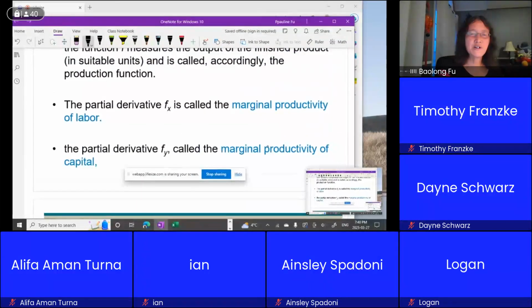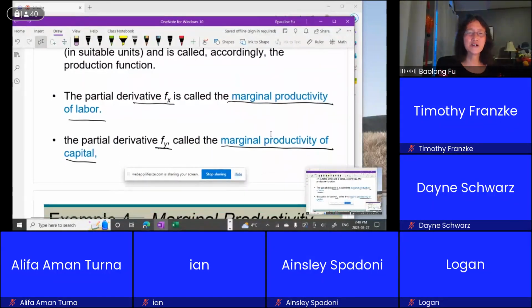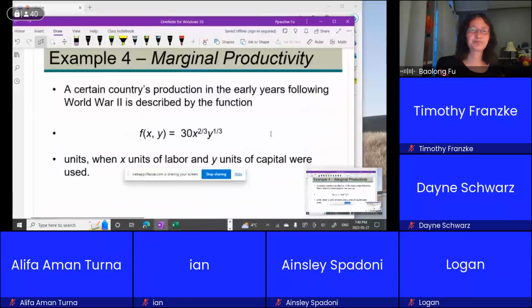The partial derivative with respect to x is the marginal productivity of labor, so x relates to labor, and the partial derivative with respect to y is the marginal productivity of capital, so y usually represents capital.